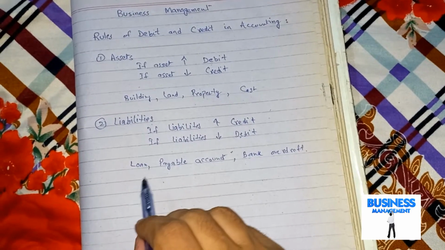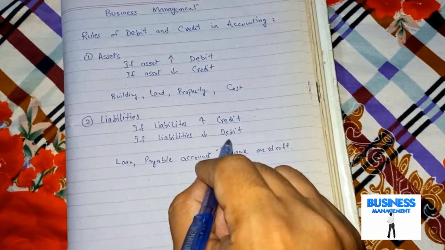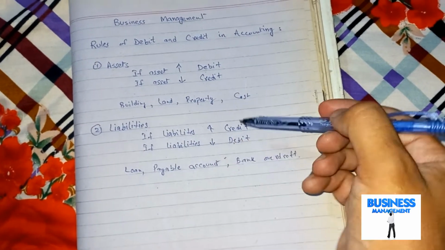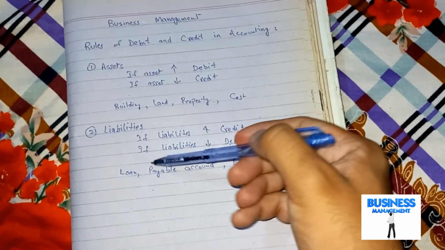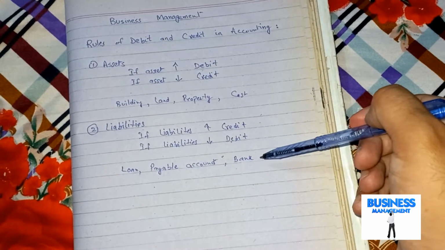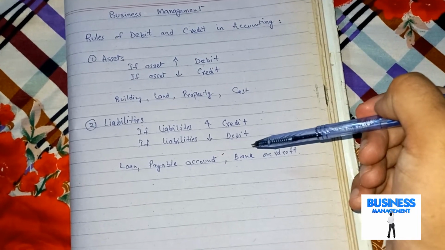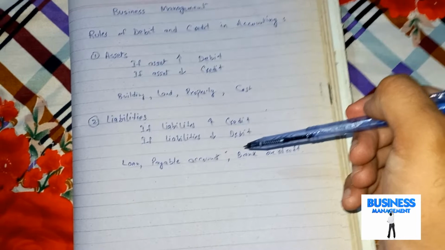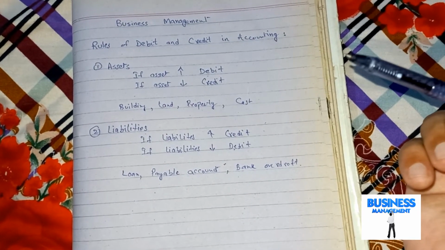If these accounts, loan, payable account, bank overdraft account, increase, this will be booked on the credit side. If these accounts, loan, payable and bank overdraft, these are the liabilities, decrease, this will be booked on the debit side of the accounts.